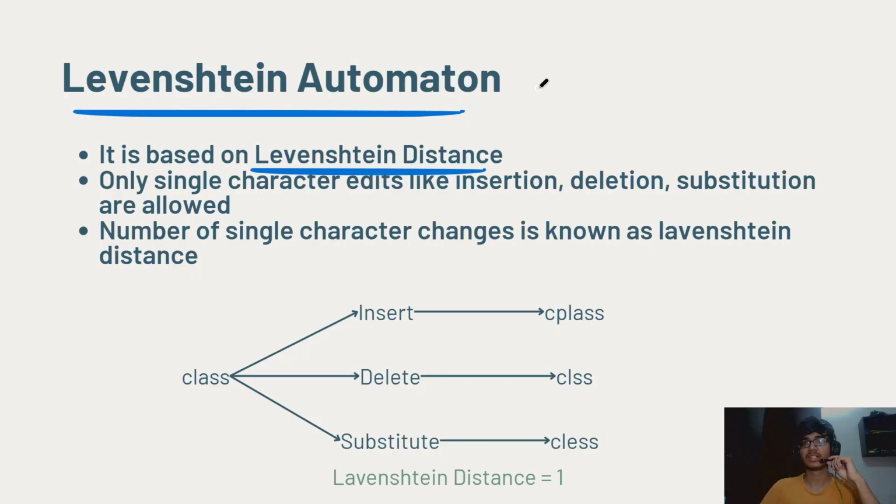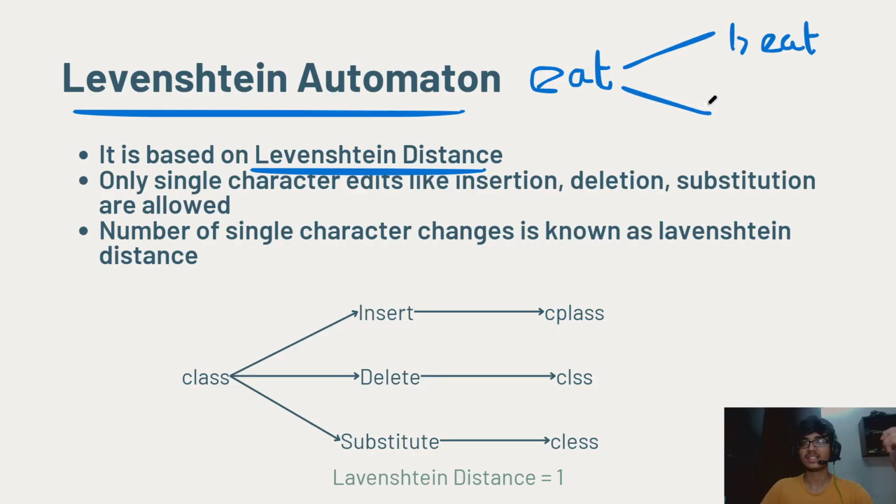So, if I have a word, let's say eat, I can make changes to it. What kind of changes can I make to it? I can either insert a letter, delete a letter, or substitute a letter for another letter. Suppose I insert a letter B at the start, it becomes beat.